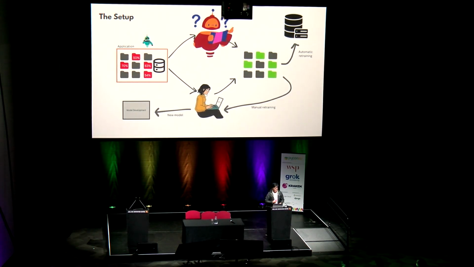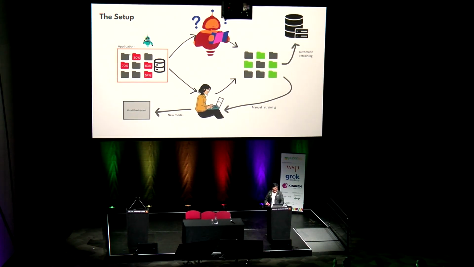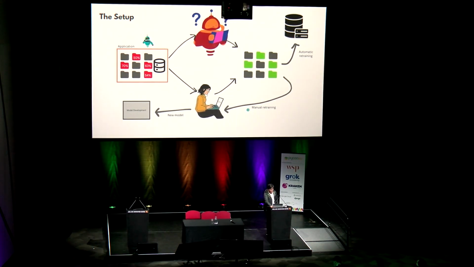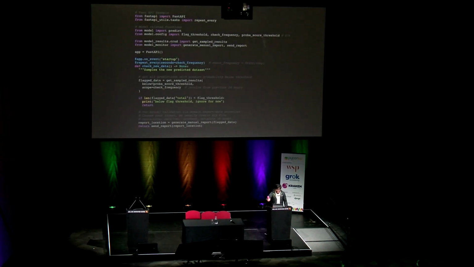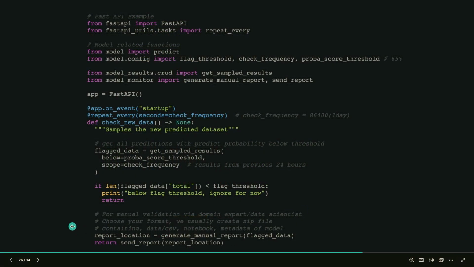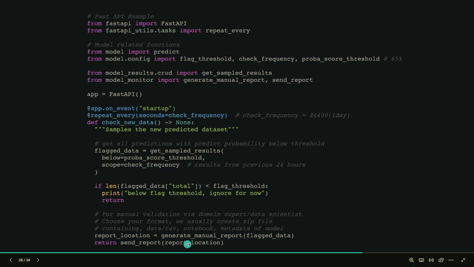They want to be intimate with their data. So in this case, after we build the application, we sample this data set right here and give it to them through a report. They validate it, and then they can retrain based on it. So this is sample code of manual retraining. Right here, we get the sampled results that have a very low confidence score, and then send them to the user. Do whatever you want.